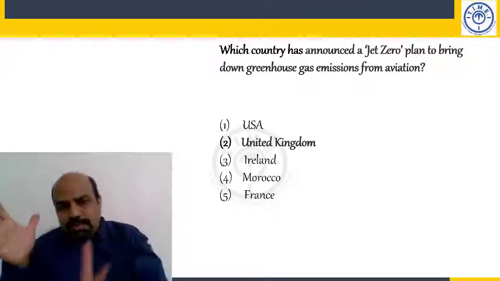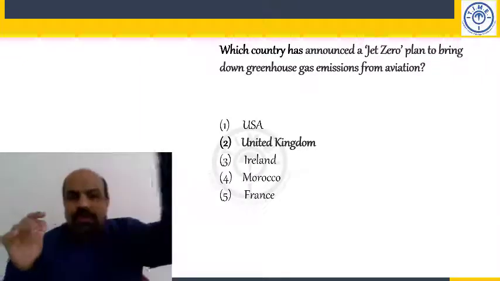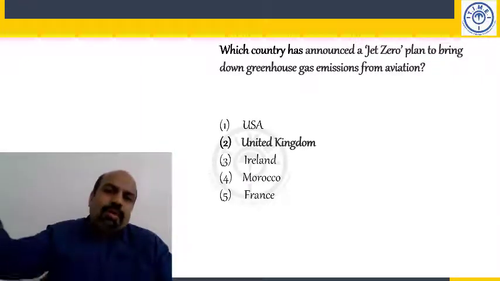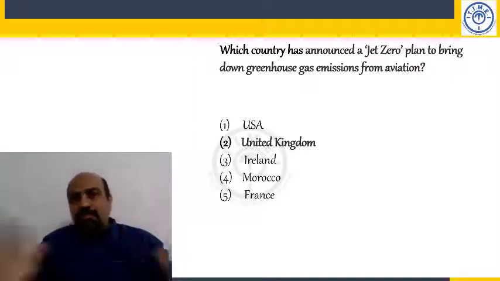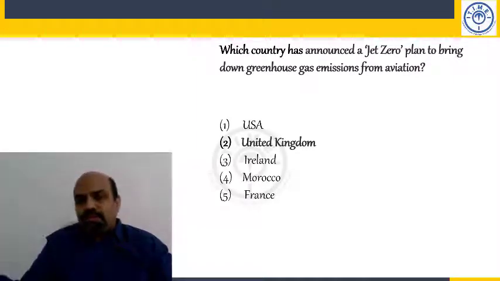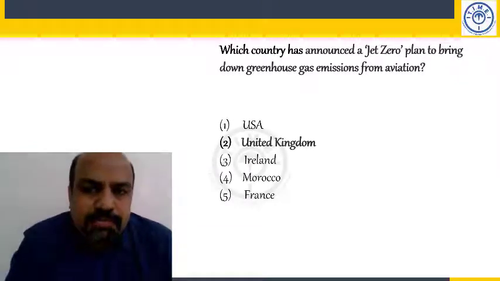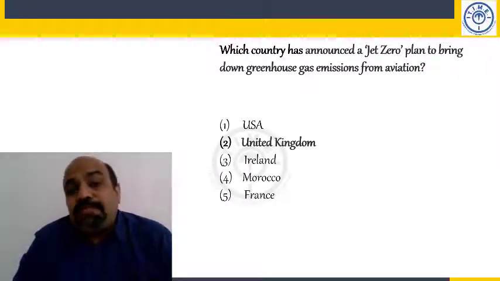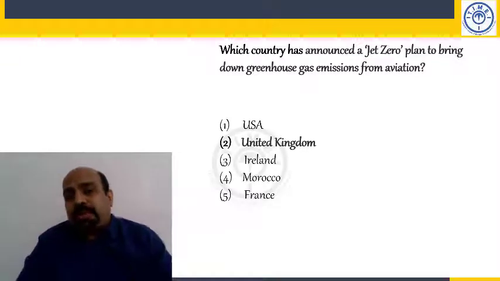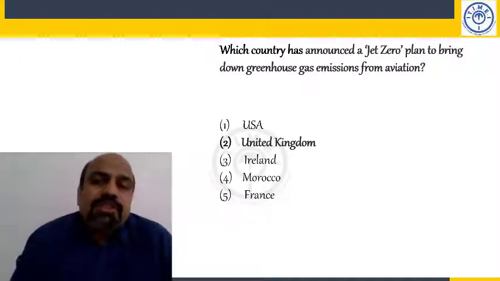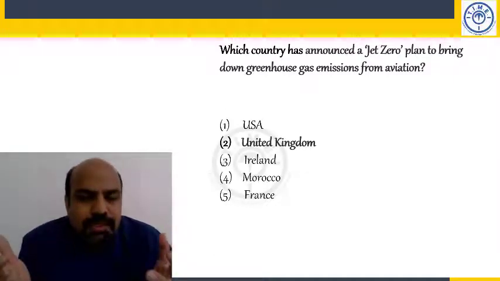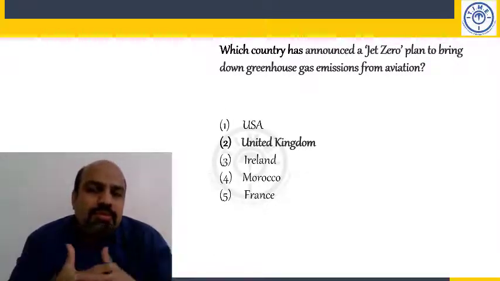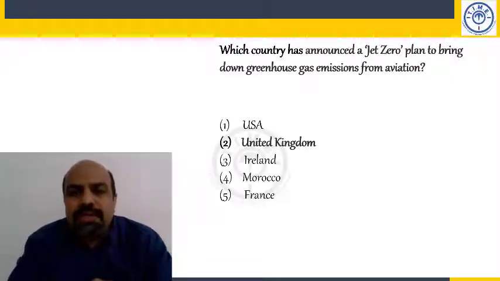So you have South America, Central America, North America, and then Africa and Europe. All those flights that go over the Atlantic Ocean. UK said that if the flights start from our place, they will have zero emission. So this calls for cleaner technology, better aircraft and all. So 2030 is a target.